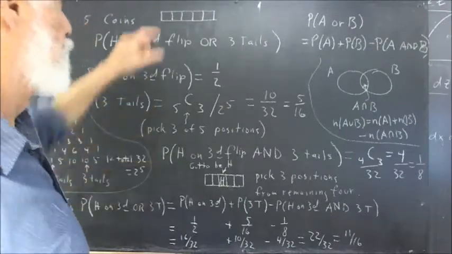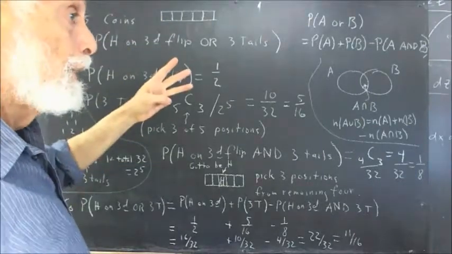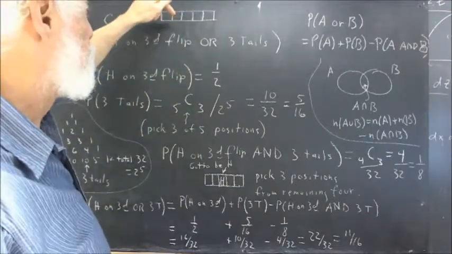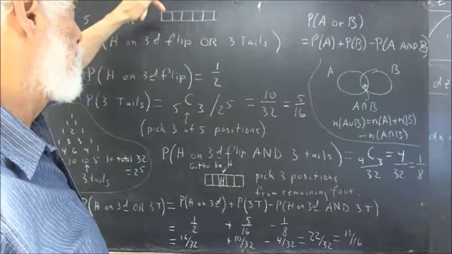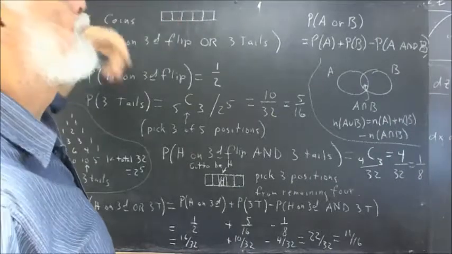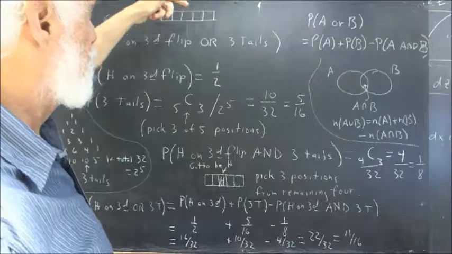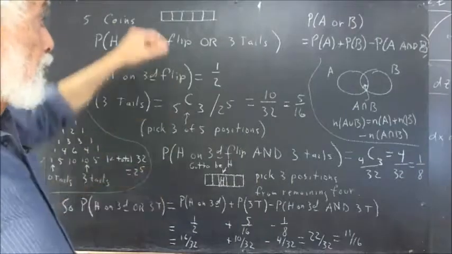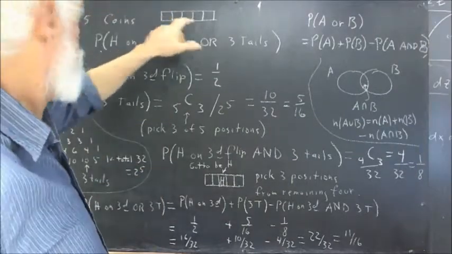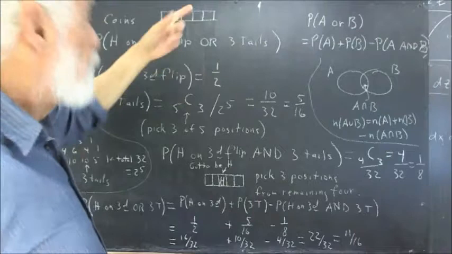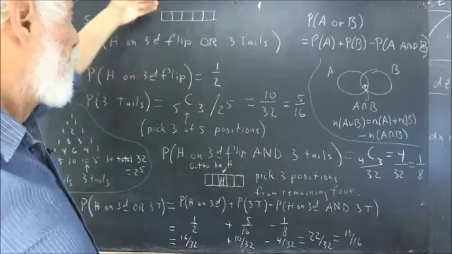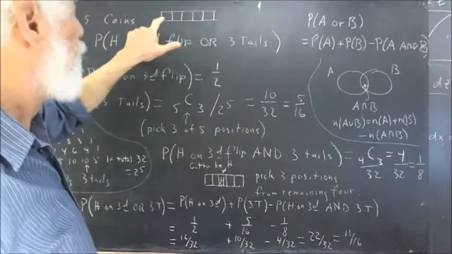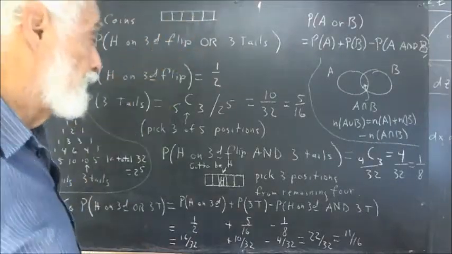But the order in which you put them in doesn't matter, and there are 3 factorial, 6 ways to rearrange the 3 tails in order, to pick 3 tails for 3 given positions. There are 3 possibilities for which position was picked first, 2 possibilities for which position was picked second, 1 possibility for which position was picked third. So the number would be 5 times 4 times 3 divided by 3 times 2 times 1.